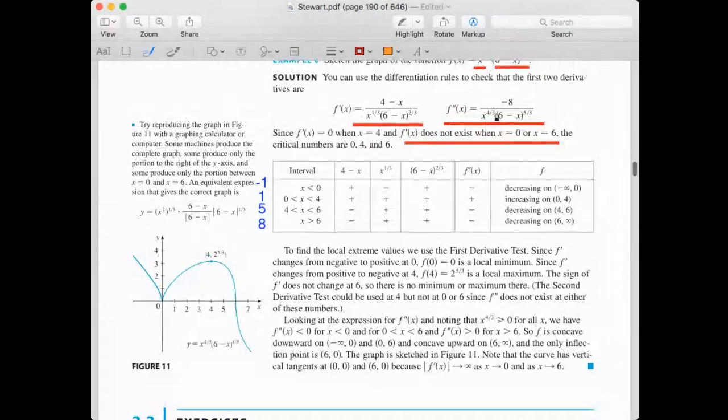The second derivative function we find here is negative a divided by this denominator. So let's evaluate at those numbers. At 0 it's still not defined, so we may not evaluate at 0 and at 6.